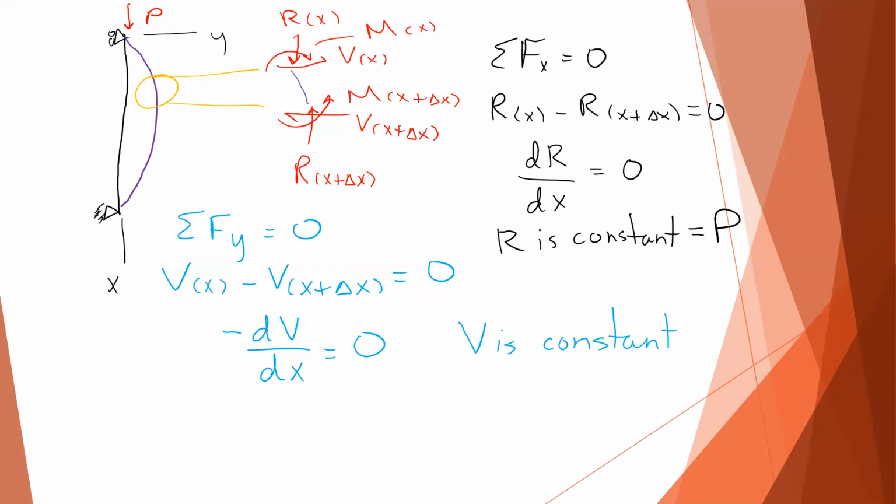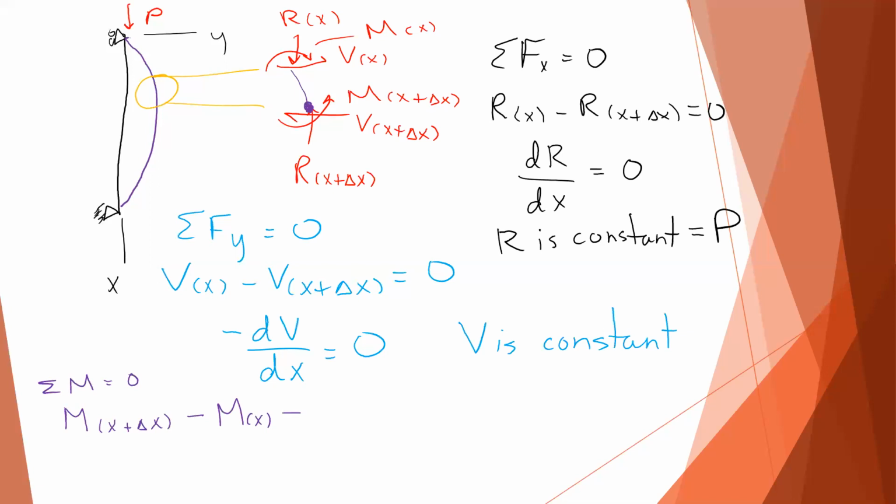First, before we go there, I want to look at the sum of the moments. So the sum of the moments is equal to 0. And let's take our summation about the bottom of this element. So we can say M of x plus delta x minus M of x.